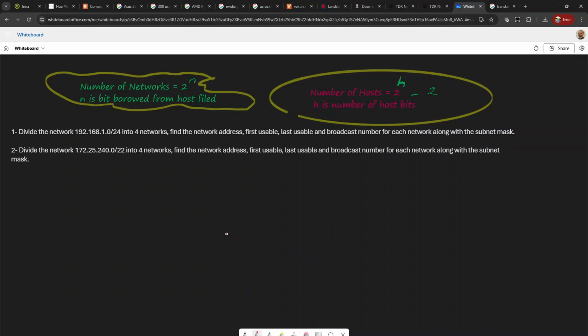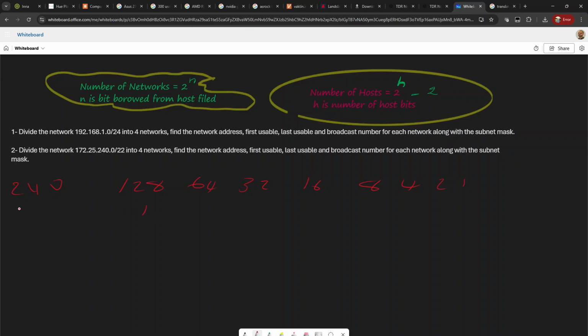Write the base of 2 on the top: 1, 2, 4, 8, 16, 32, 64, 128. How many 128 inside of 240?